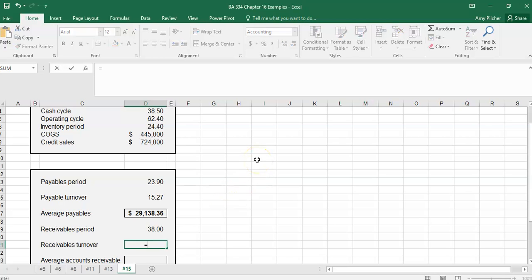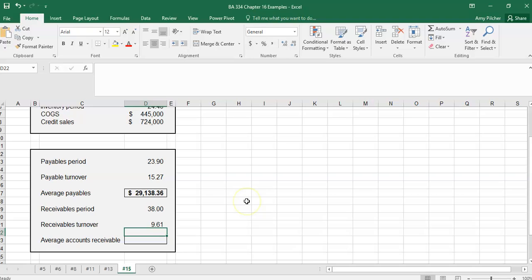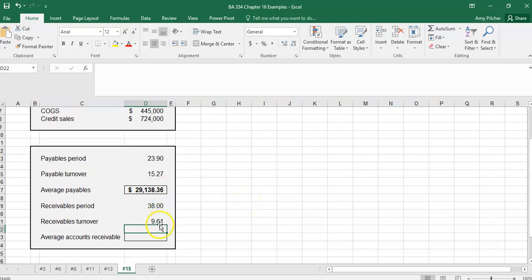We divide 365 by that, and we get our receivables turnover. The receivables turnover is credit sales divided by average accounts receivable. So if we flip that and take the credit sales divided by the receivables turnover, we get the average accounts receivable.